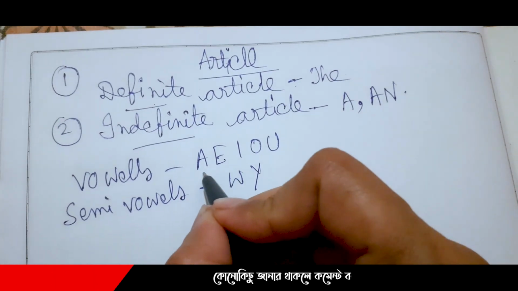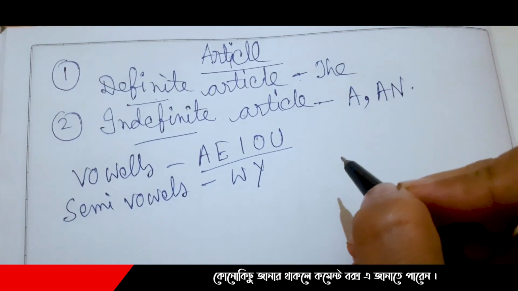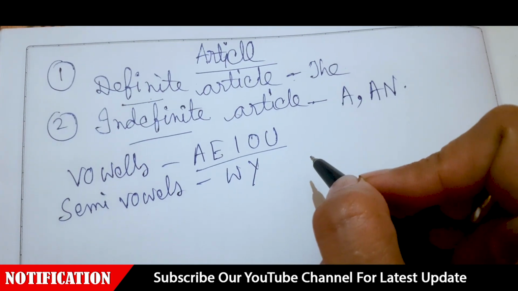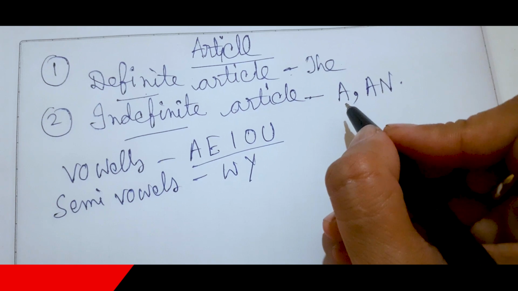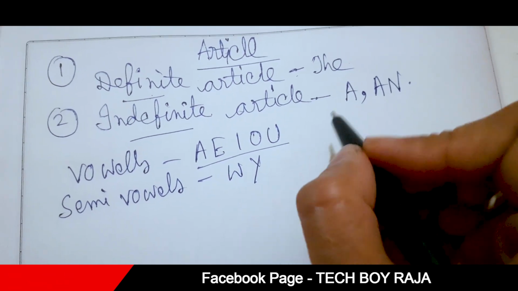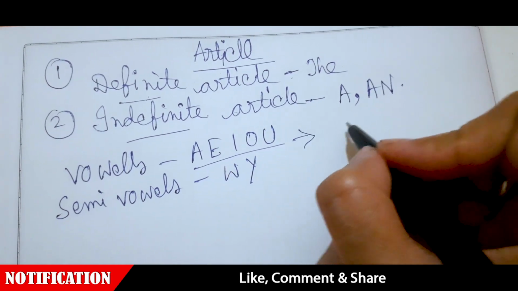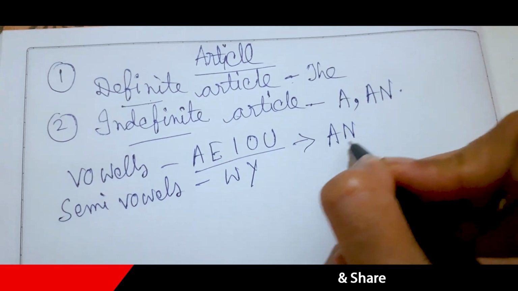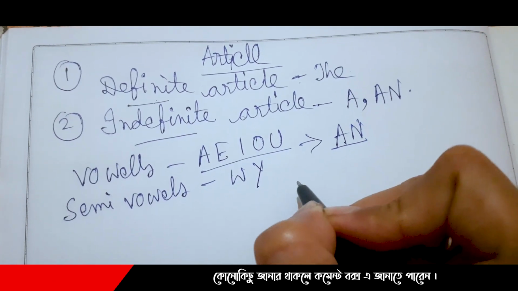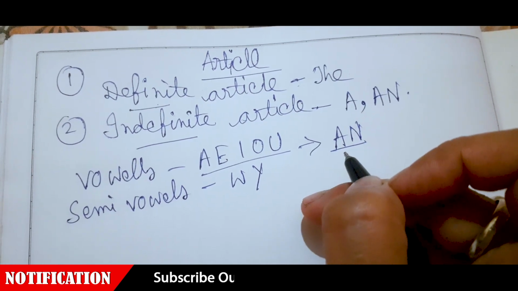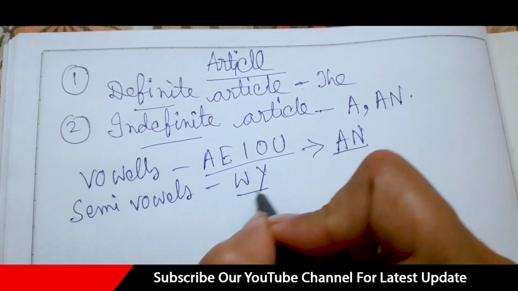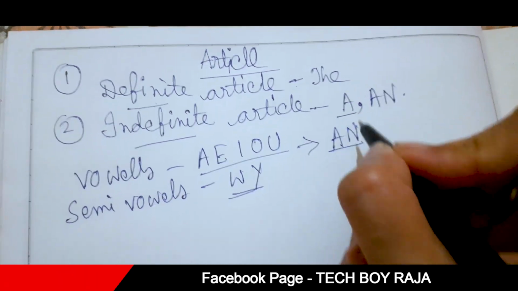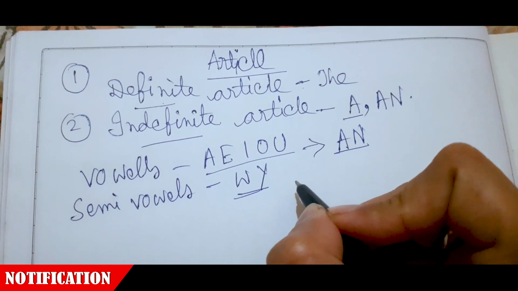Whenever we use any vowels to mention their number, we use an before this vowel as a common rule, and for the rest of these, along with the semi-vowels also, we use a to particularize the one number.